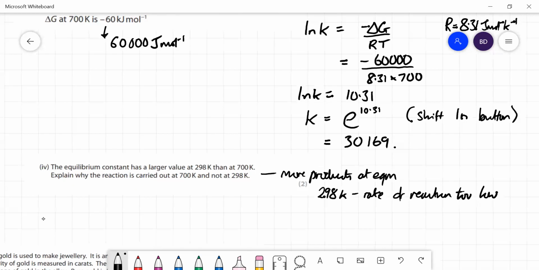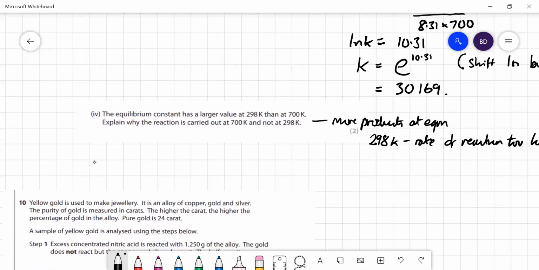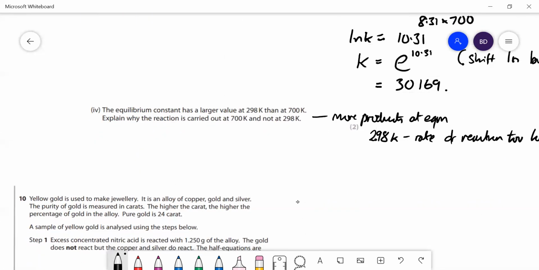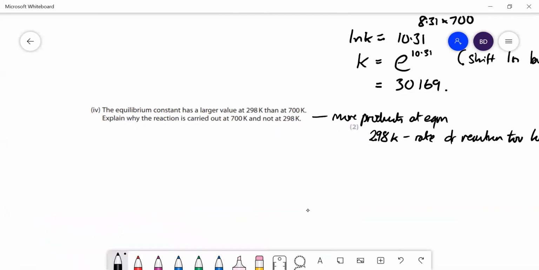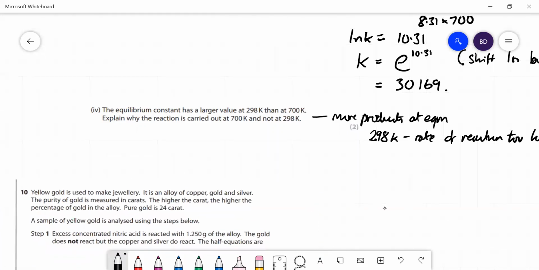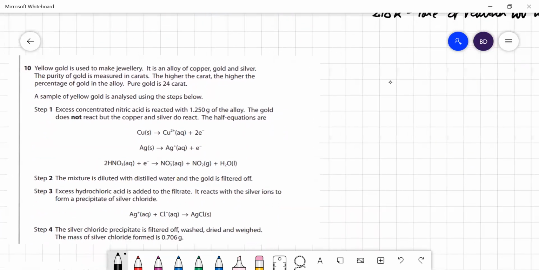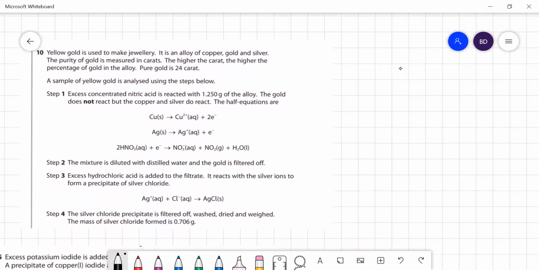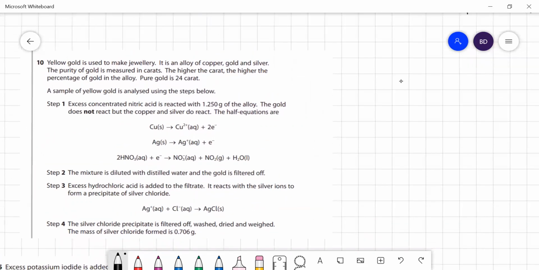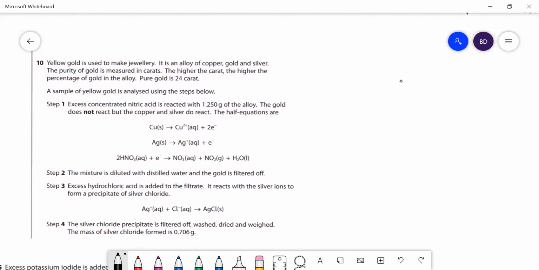Okay, now the final question on this paper is quite a tricky, complicated titration analysis question. So we'll head towards the last bit here, and then we'll answer some of the intermediate questions after that.